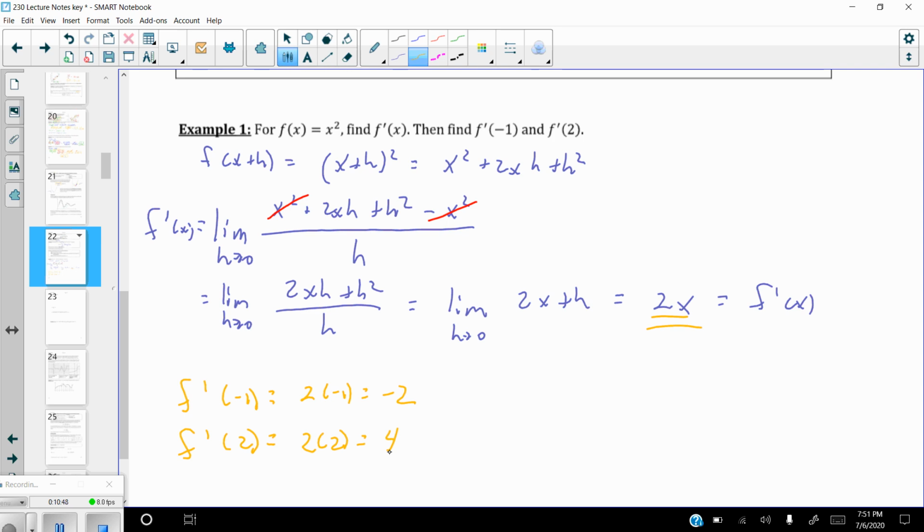And what does that mean? What it means is the slope of whatever this curve looks like, and this is just your standard parabola, the slope of that curve when x is -1 is -2. So it's coming down. The slope when x is +2 is +4, so it's going up. That's what that means.